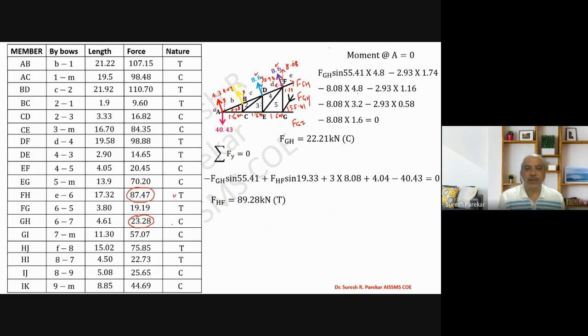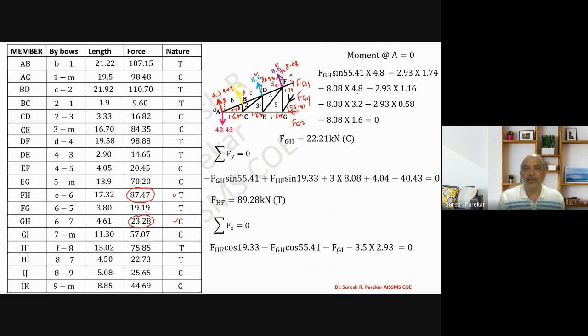So this will be second. And then summation Fx equal to 0 we will apply third. Here you can see we have considered it as compression, and therefore we have minus FGI. The force in member is minus because compression is considered. Therefore we have 3.5 into 2.93. Why 3.5?